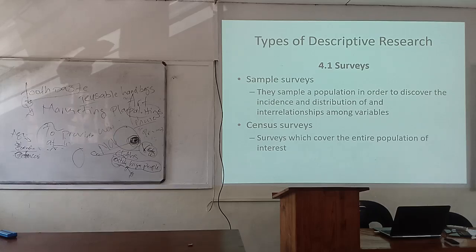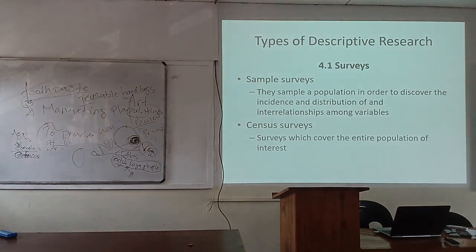Incidence of a particular phenomenon, the level of income in area 15, just describing the status of that area. The type of assets that people in area 15 have, we are just describing the types of assets.